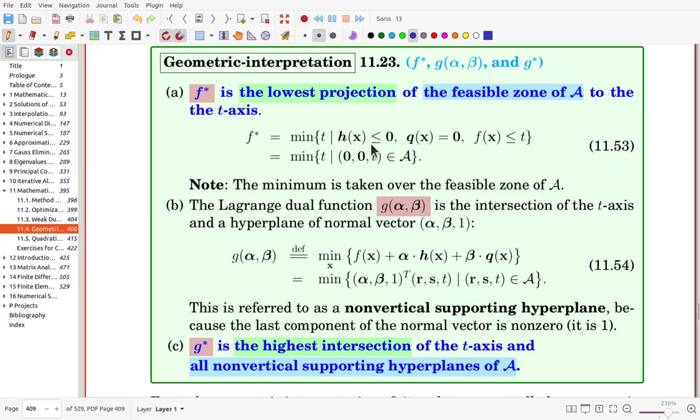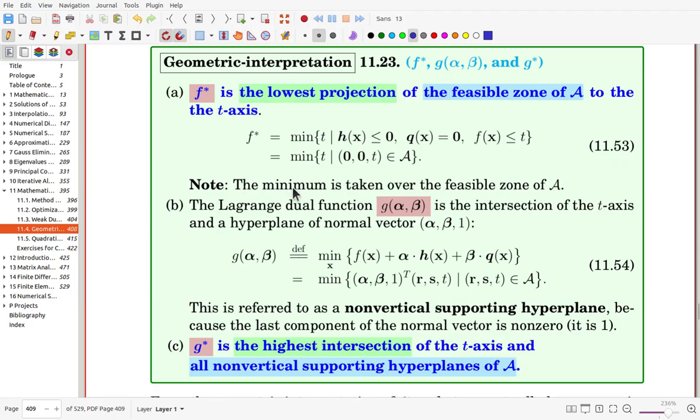So among the epigraph you have to find a feasible zone, and then the feasible zone will be projected to the t-axis. That's F star. We'll see along some example what F star is.